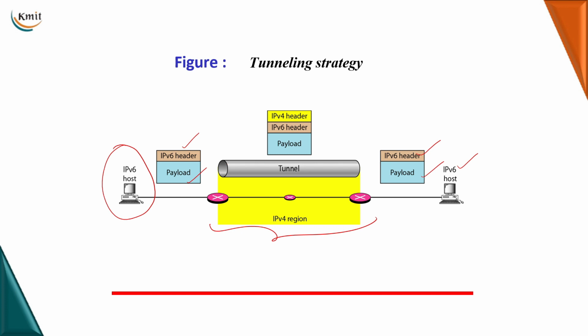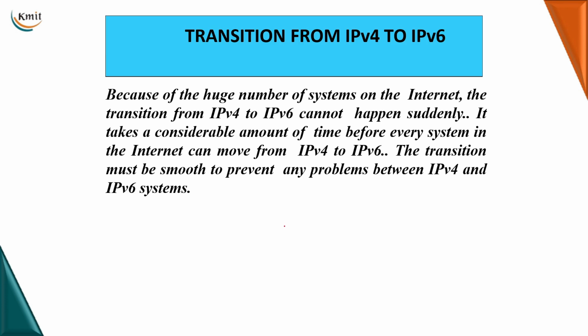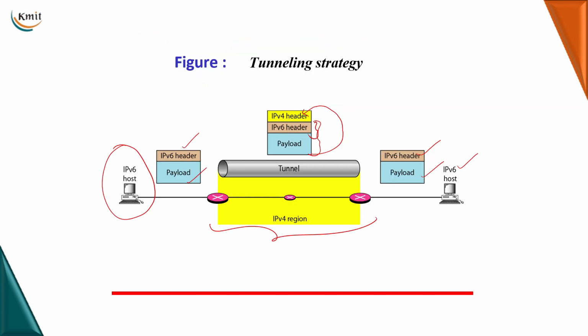In this tunnel, we are encapsulating the IPv6 datagram or packet in an IPv4 datagram. So the IPv6 packet goes through a tunnel at one end and emerges at the other end. This is called tunneling.